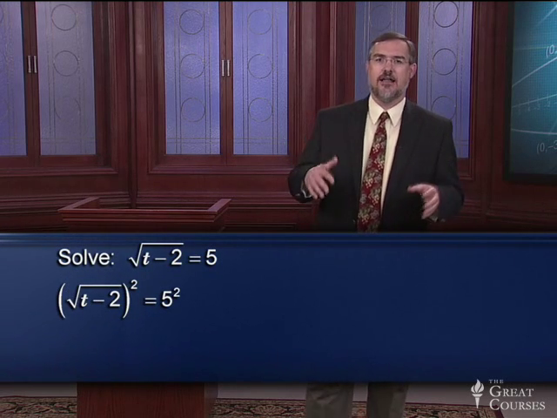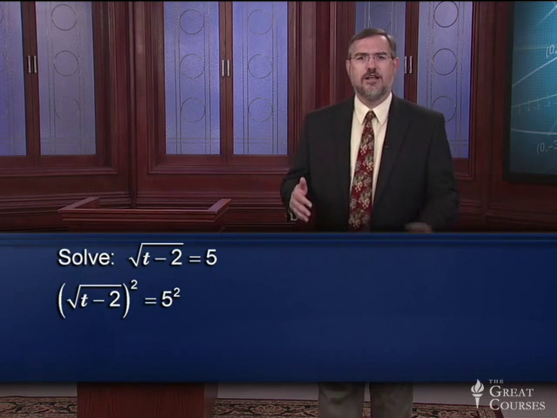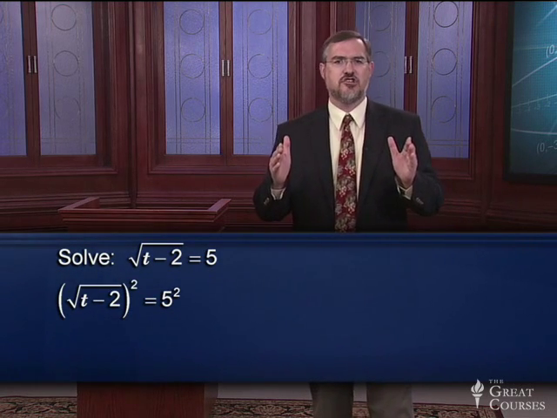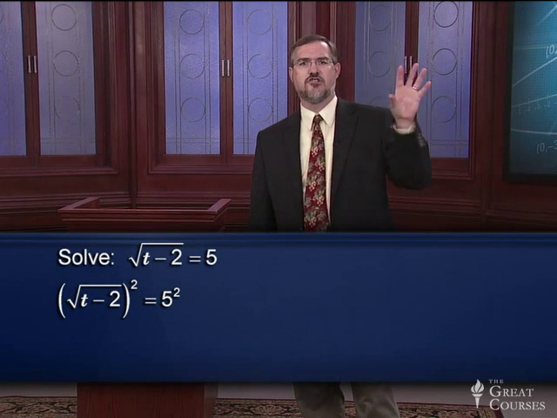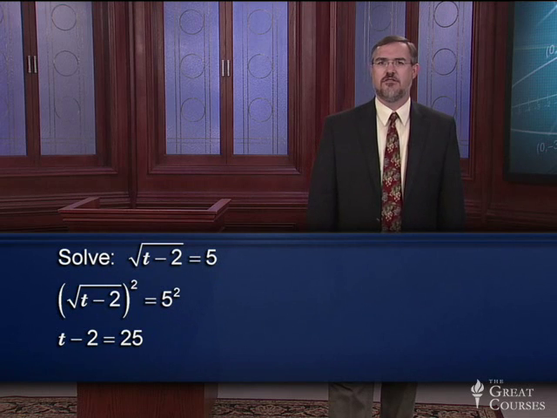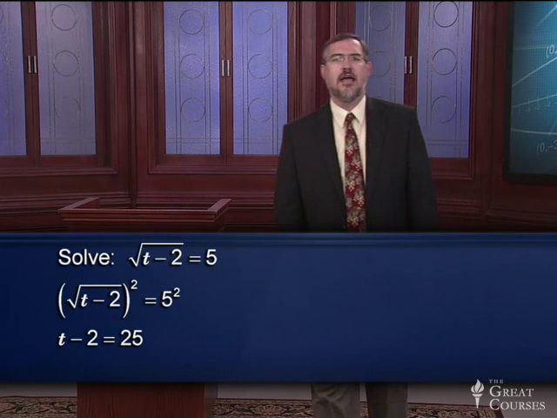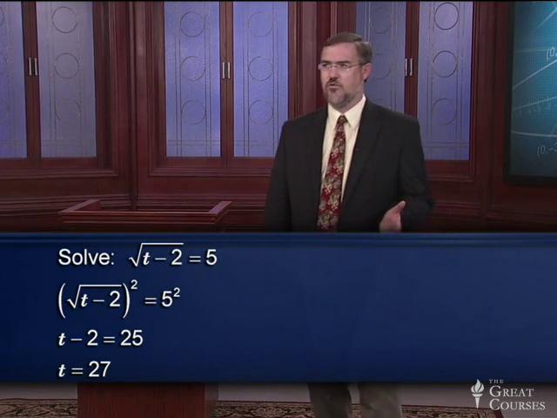When we do that, and we use that important fact that I mentioned a few minutes ago, we're going to have square root of t minus 2, whole thing squared, equals 5 squared. And that means we just have t minus 2 on the left equals 25 on the right. And now if you add 2 to both sides, you'll just have t equals 27.